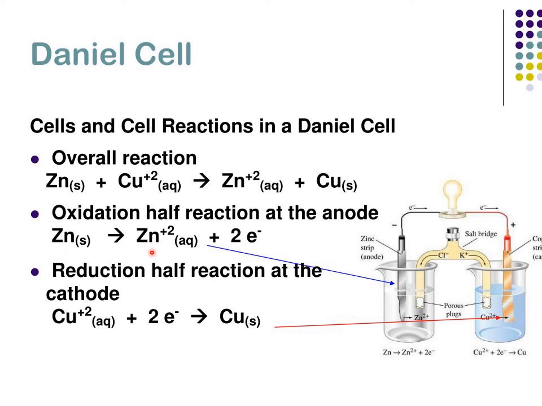Zinc dissolves into the solution as Zn2+ ions, leaving behind electrons on the zinc electrode. Whereas at the cathode, the reduction half reaction takes place, at which the copper ions present in the solution accept the electrons from the copper cathode and get deposited in the form of copper atoms at the cathode.